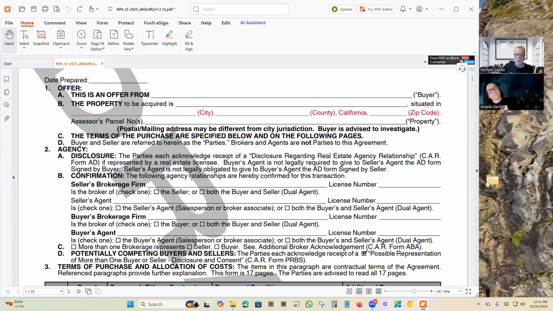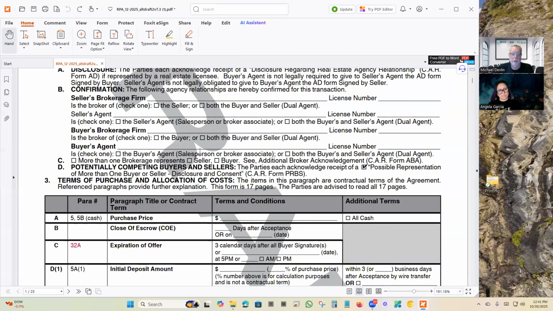Sometimes it won't have the seller's listing broker or the brokerage firm's license number. If you want to complain about why it doesn't always work, it's because the multiple listing service sometimes won't syndicate everything. It's just something they do. But you have to look at this and make sure all of that is filled out.